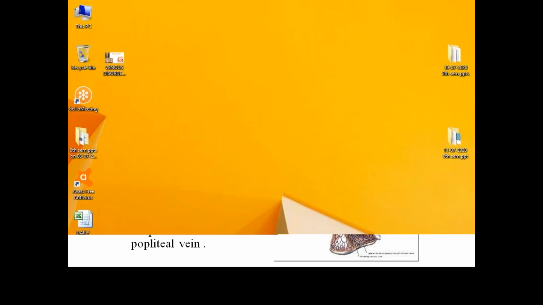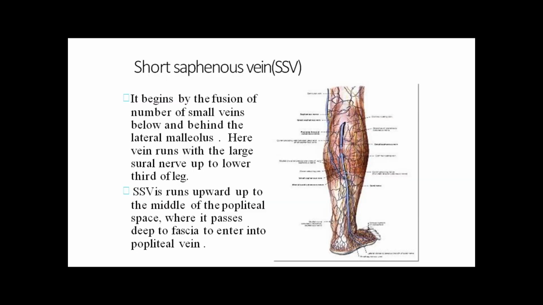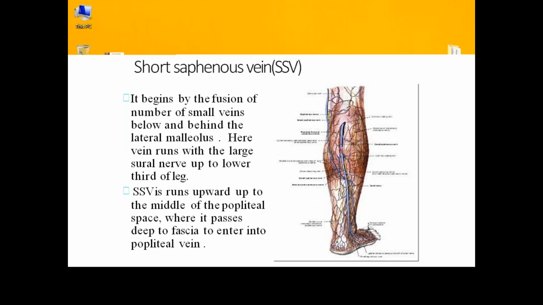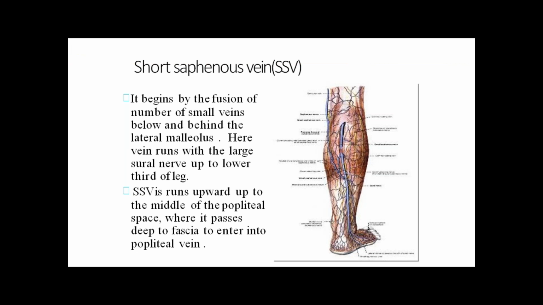Again, the sural nerve is also used in some conditions for transposition or grafting, especially for facial nerve grafting, when the facial nerve gets injured during parotid surgery. So the short saphenous vein runs upwards up to the middle of the popliteal space, where it passes deep to the fascia to enter into the popliteal vein.